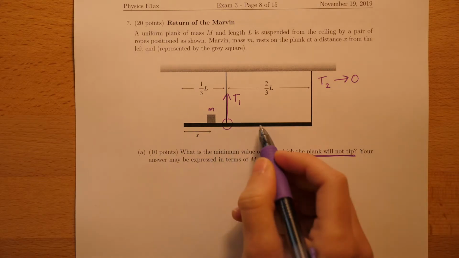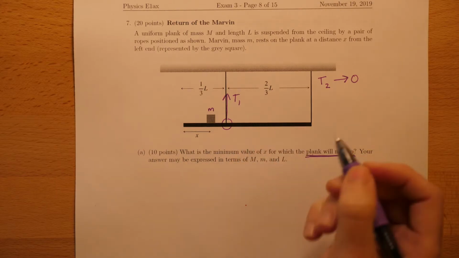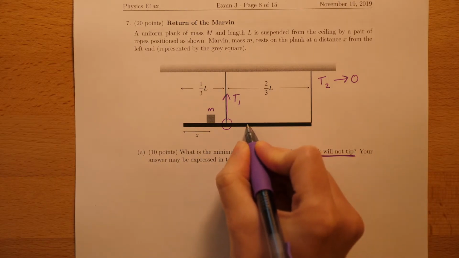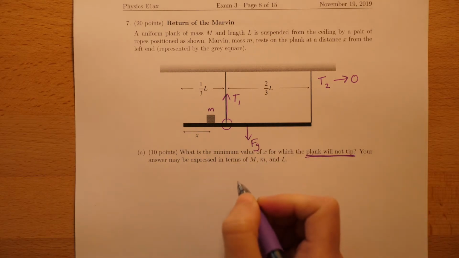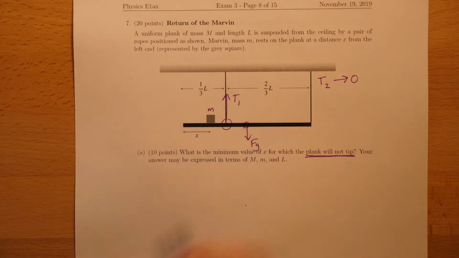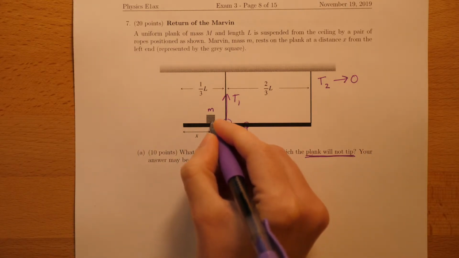So let's finish drawing a free body diagram for this. We need the weight. The weight of the plank is going to act in the center, right there. We have T1, we have T2, and we're going to have the weight from Marvin.